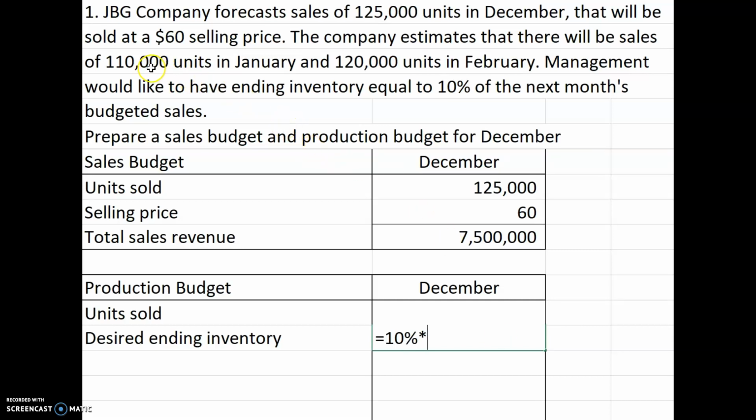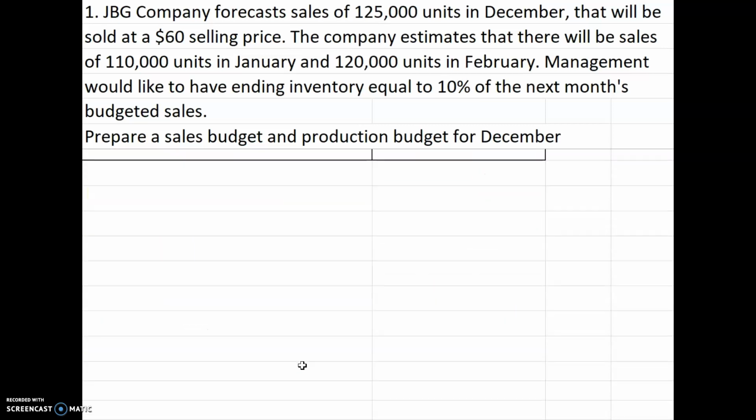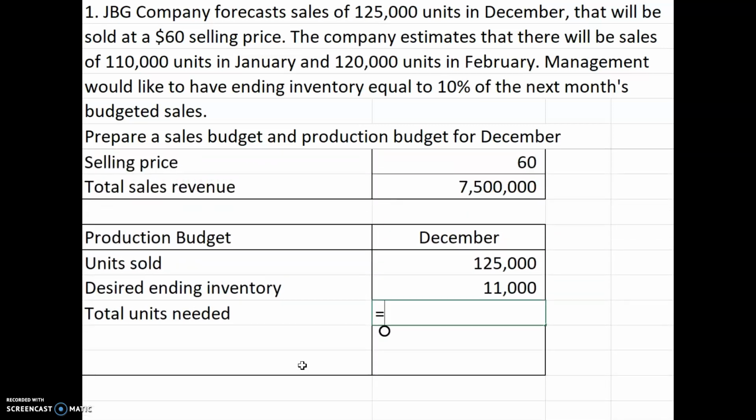And in January, they estimate they'll sell 110,000 units. So we want 11,000 in our desired ending inventory. So our total units needed is, 125,000 plus 11,000. Total units needed are 136,000.